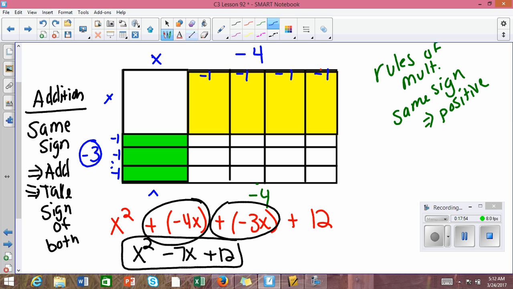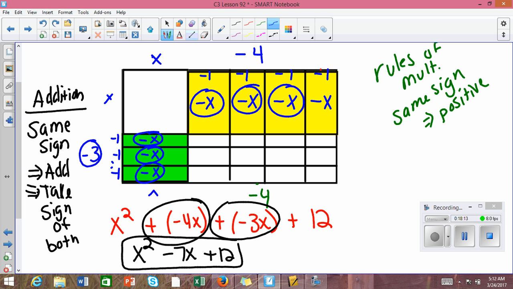So you can see in these boxes here, I'm going to have a -x, a -x, a -x, a -x. Those are going to be the areas up here. Okay, over here along this side, I'm also going to have these green parts are going to be -x's. So you can see that all of these are like terms. So you can see how many -x's you have. And you should end up with 7 -x's, okay?